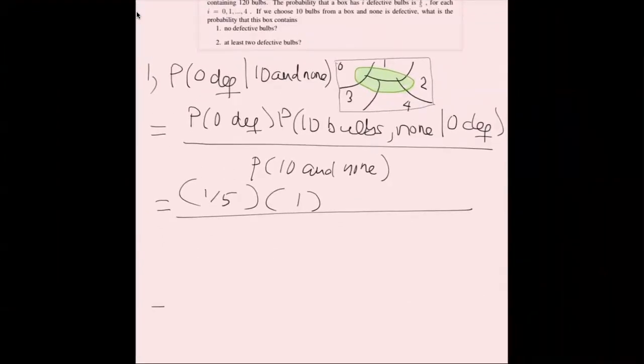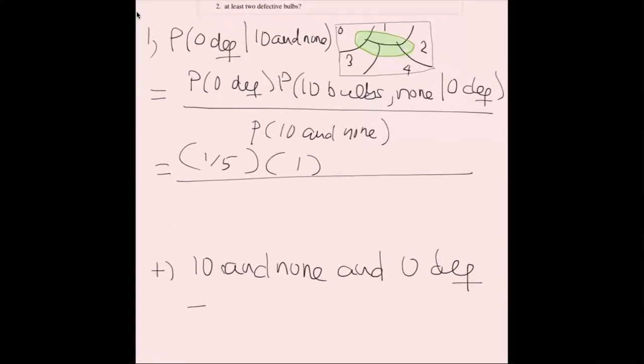So the first region is when you take 10 items and none of them is defective, and the box has 0 defective.